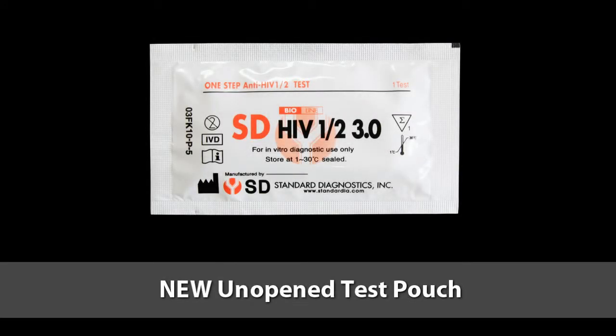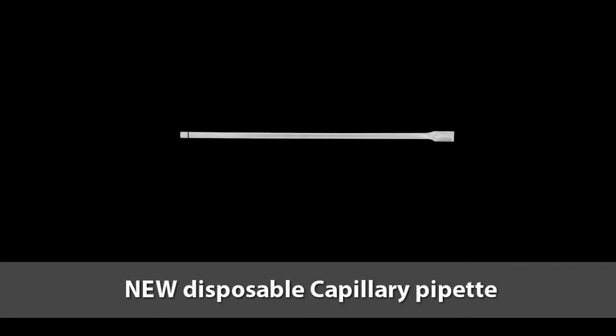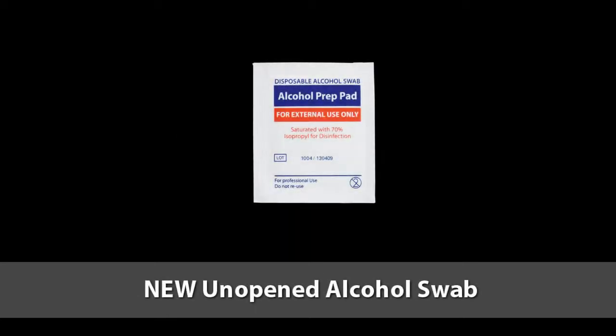New unopened test pouch. For whole blood test, new disposable capillary pipette. For whole blood test, new unopened alcohol swab. For whole blood test, new disposable lancet.